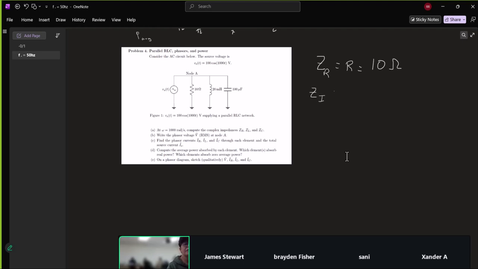ZL equals j omega L, which is j times 1,000 times 20 over 1,000, because it's 20 millihenries. And so that is j20 ohms. And impedances are all in ohms.